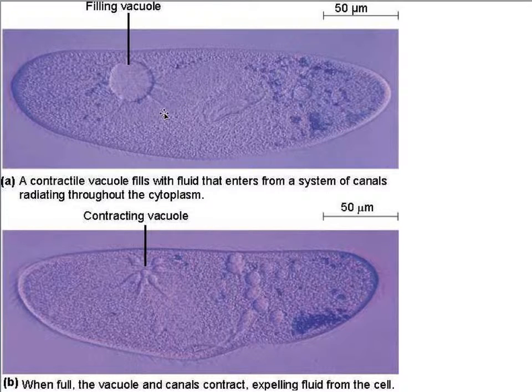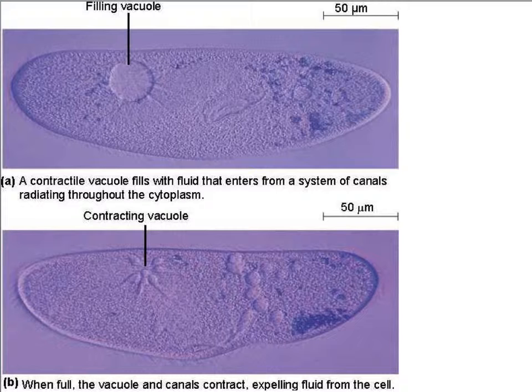So the paramecium is always trying to pump out water, and what it uses to do that is called a contractile vacuole. Here's a contractile vacuole that's full of water, and here's that same vacuole contracted and squeezed the water out, kind of like a little mini squirt gun that just pumps over and over again.